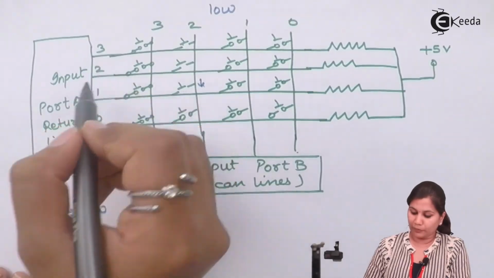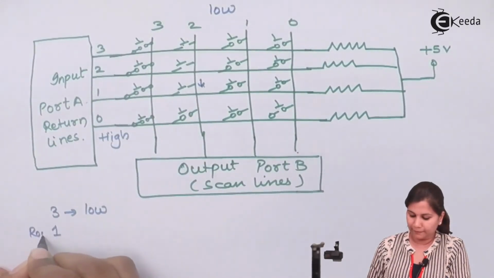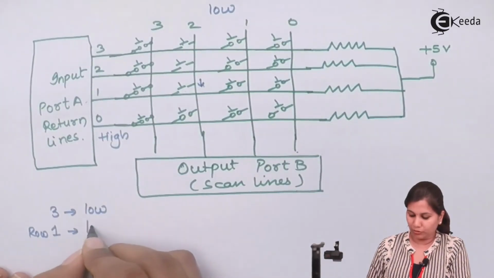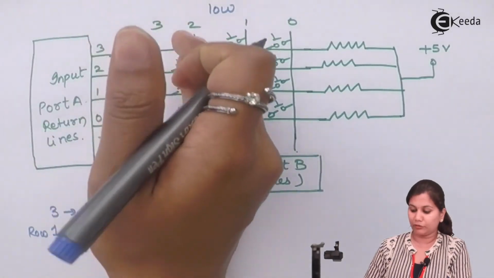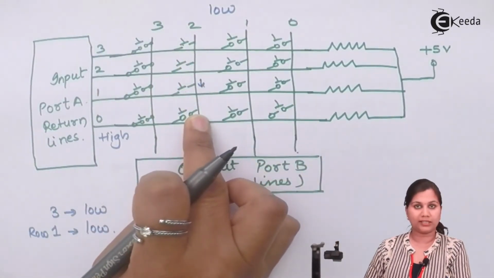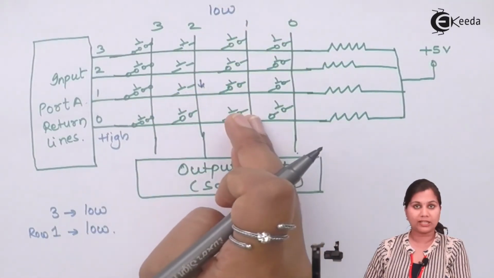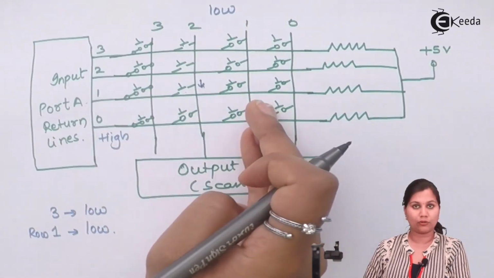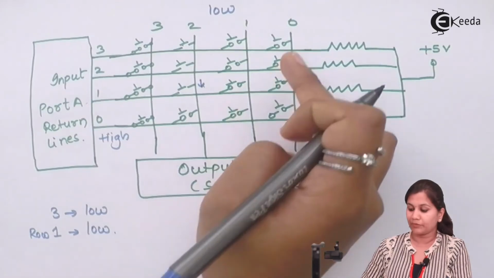Suppose the row 1 line is 0, which means it is low. After that we will make the row 2 line low. In that we will not see any of the lines low. In row 1 we will check whether any return line is low or not. We are not getting any. Again we are getting this.